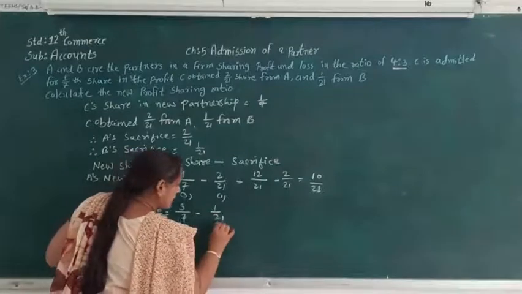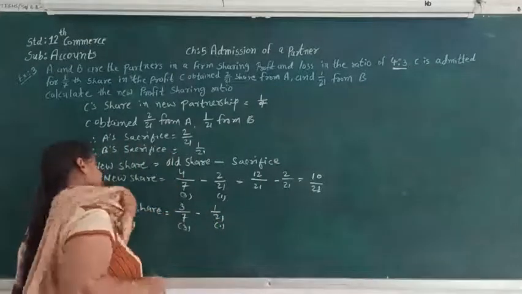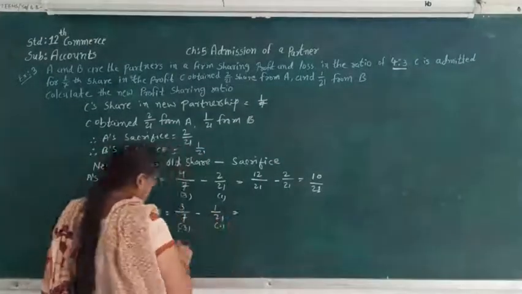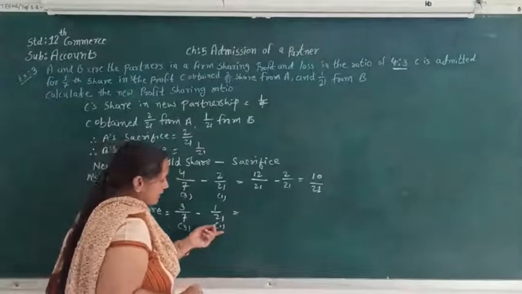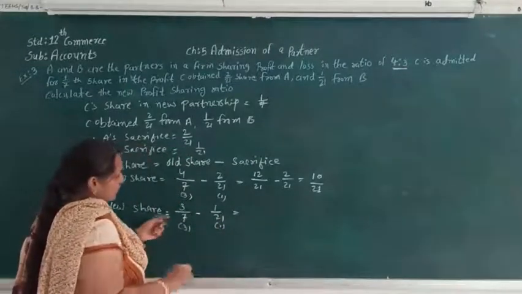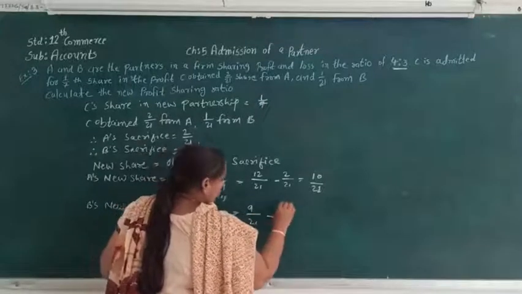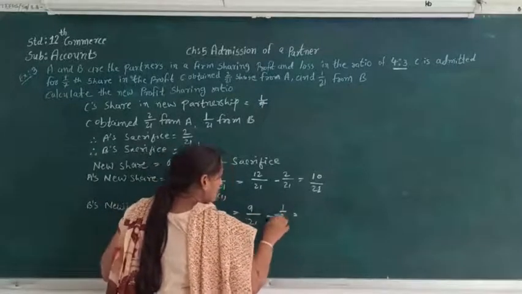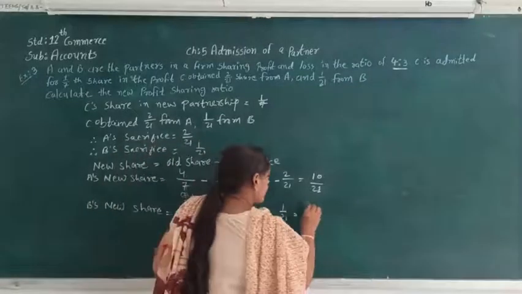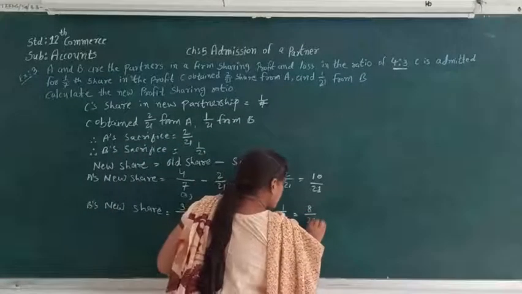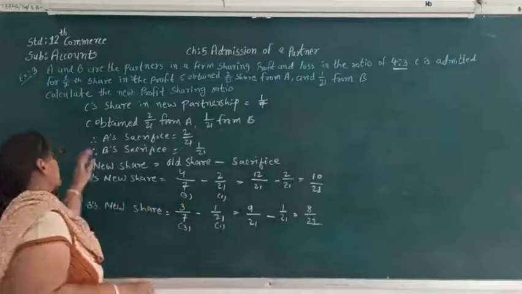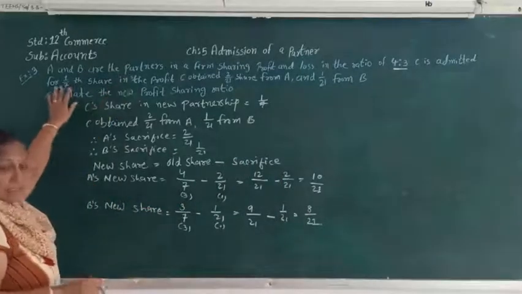So here again, to make the denominator same, we multiply by 3. So 3 3s are 9 upon 21 minus 1 upon 21. So B's new share will be 8 by 21.